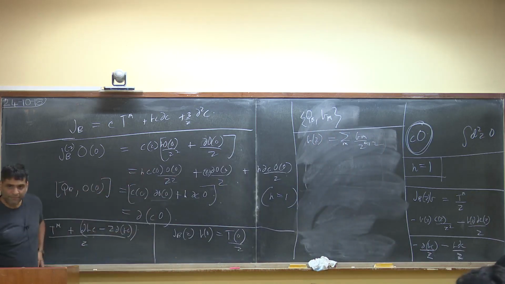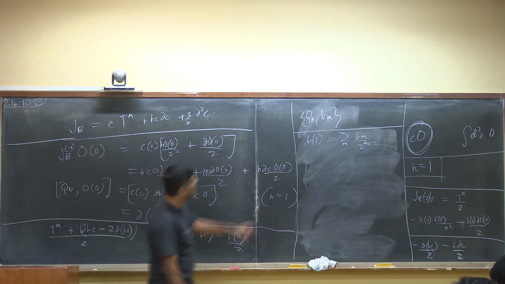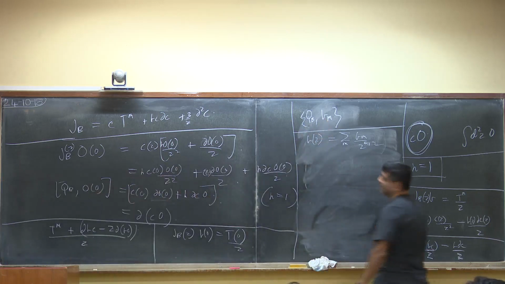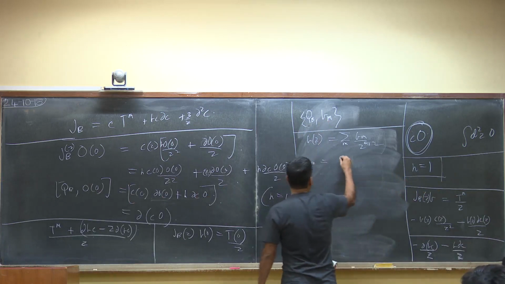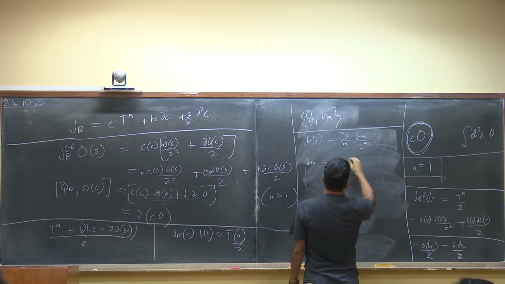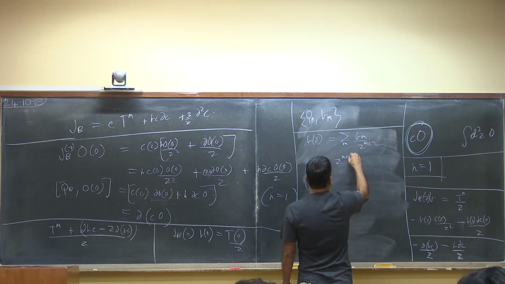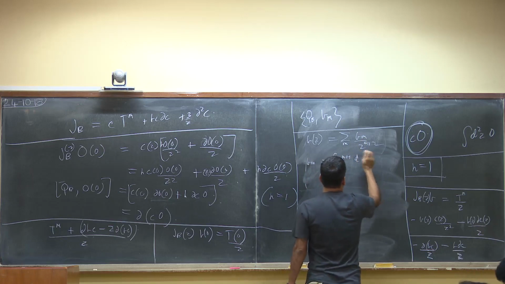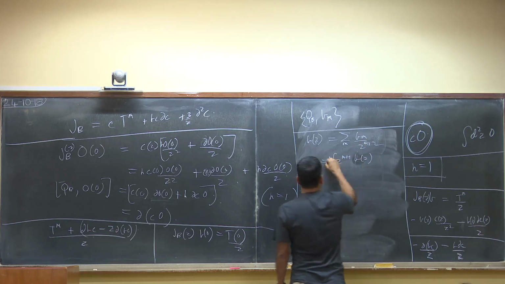That's the definition of Bm. And I'm interested in computing QB with Bm. So Bm is equal to the integral of Z to the power m plus 1 times B of Z, dz by 2 pi i.